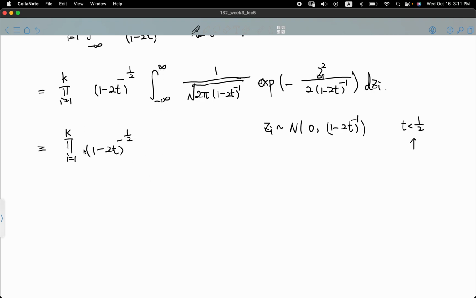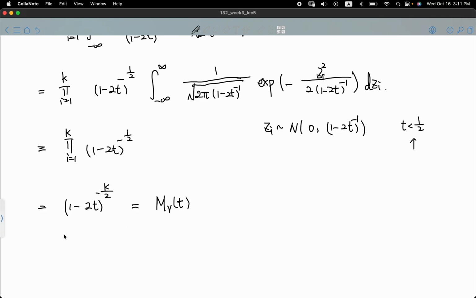So you will have this, and because they are all identically distributed, and here it does not involve any subscript i, you will have the following: 1 minus 2t to the negative k over 2. So, to remind you, this is the moment generating function for v, the one that we derived.